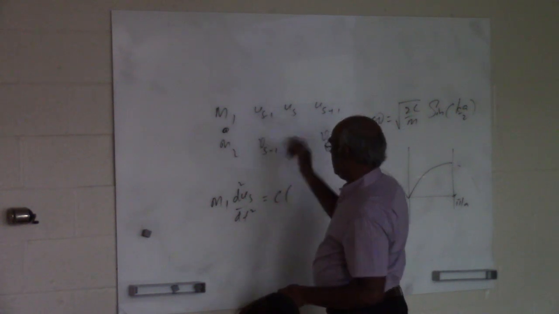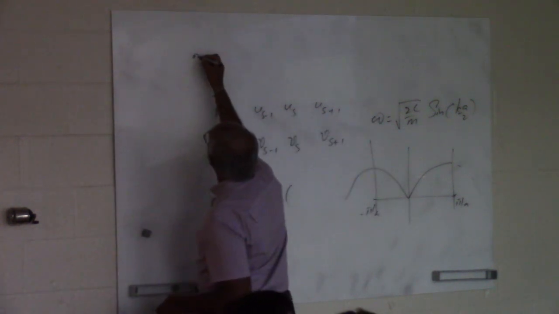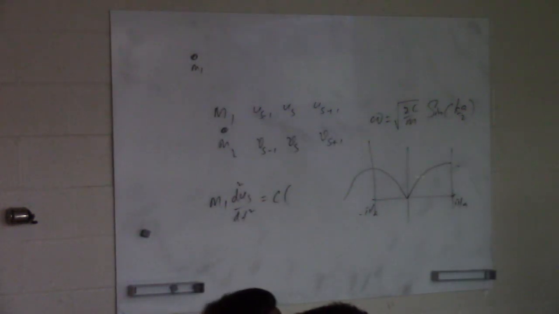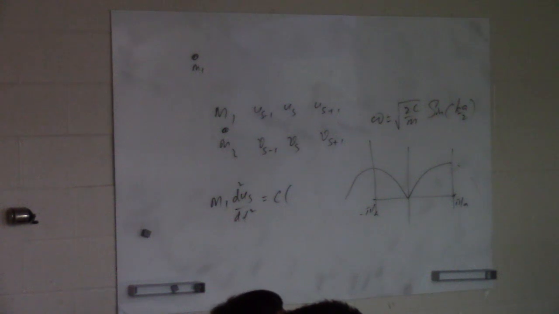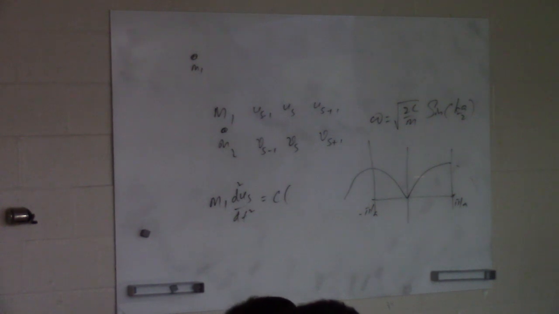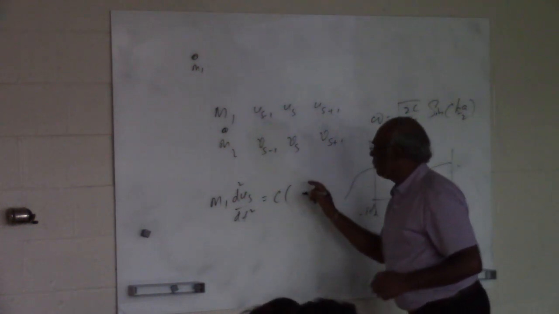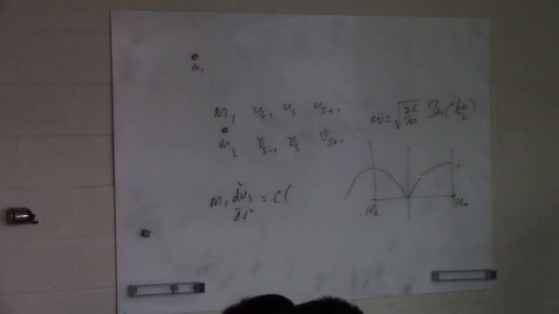Because the spring is attached, displaced by this one and this one, you have to take the difference, right? That you can write as, your first one, since this is u_s, this is to the right, it is v_s, right?